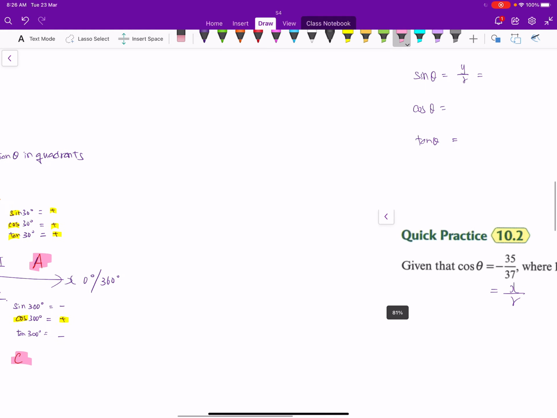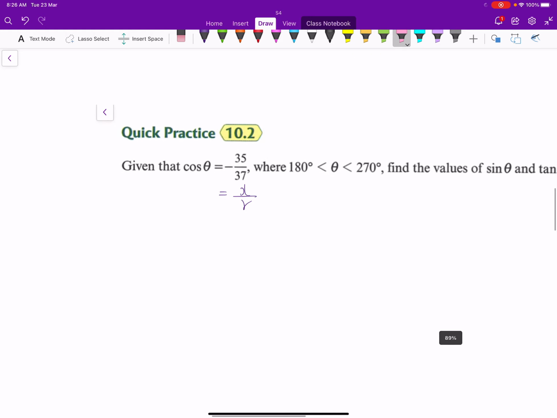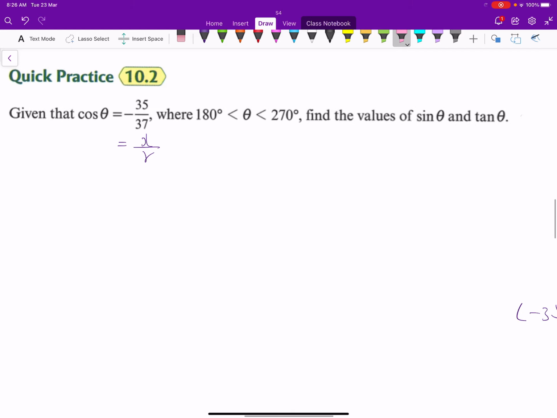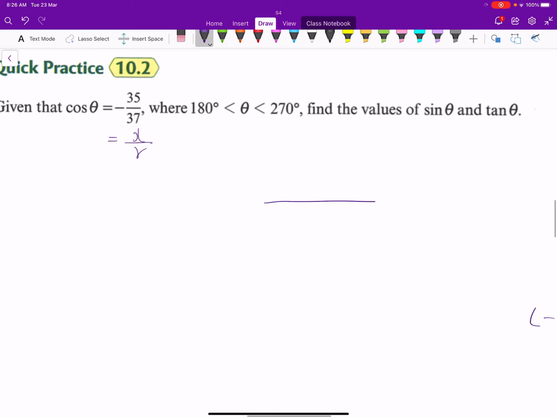Now we go to a quick practice 10.2 as an example. Given that cosine theta is negative 35 over 37, so we know that cosine theta is x over r. It lies between 180 degrees and 270 degrees, so that we can sketch the diagram.